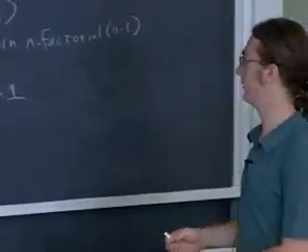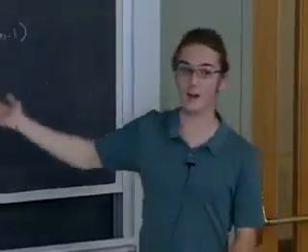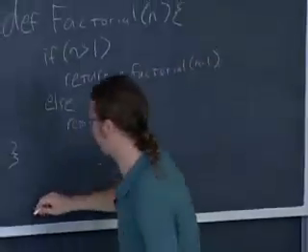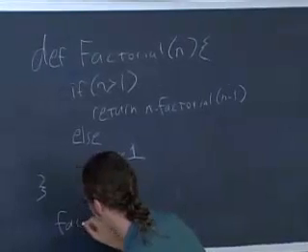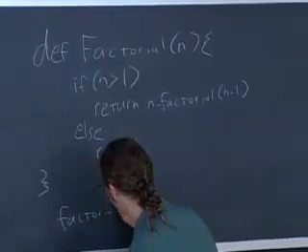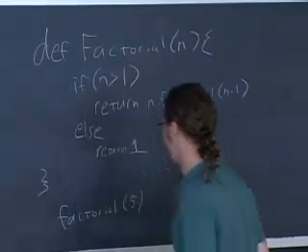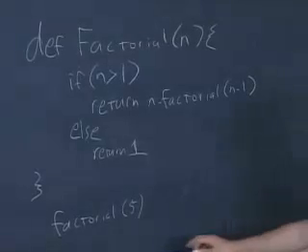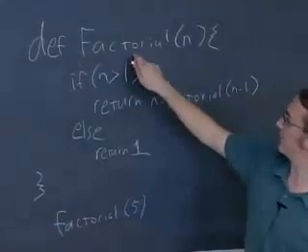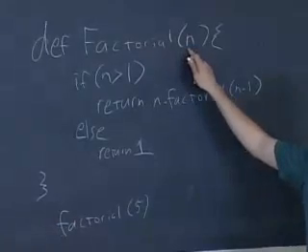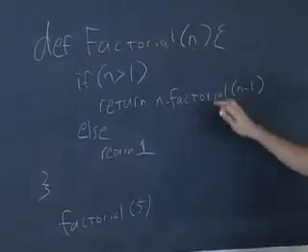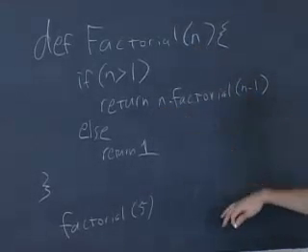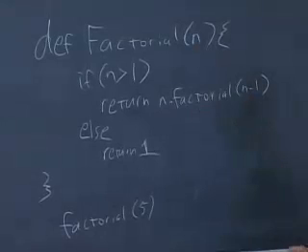So maybe an example. If n is 5, say, the way we call this is we say factorial of 5. When we say this, it calls this function and gives n the number 5. So n is going to be 5, which is greater than 1, so we return n times factorial of n minus 1.